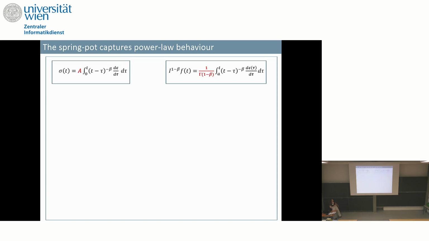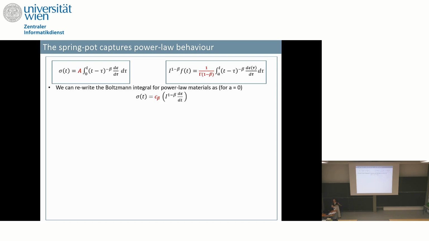Now we have these two tools, these two expressions: sigma, which comes from the Boltzmann integral, and the repeated integration. So we can rewrite the Boltzmann integral. A is just a constant.